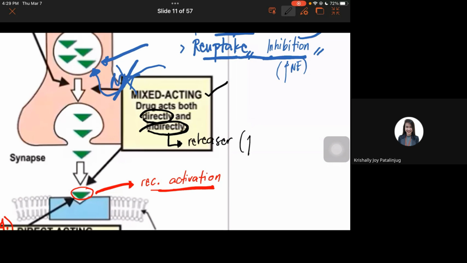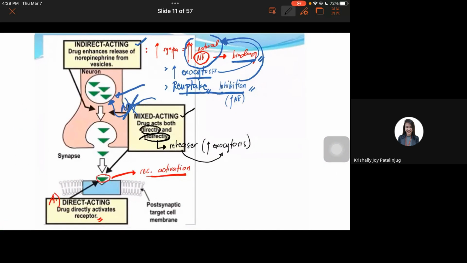Yung napapa-enhance niya yung exocytosis. Kapag releaser it has something to do with exocytosis. Okay, releaser sila ng norepi. So yan yung, kumbaga, majority sa indirect acting ng mga mixed acting sympathomimetics. Okay, so that's the overview about the three general classifications ng sympathomimetics.